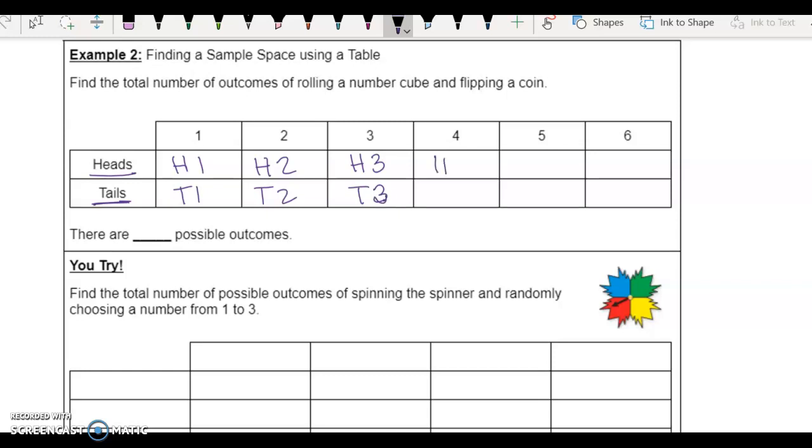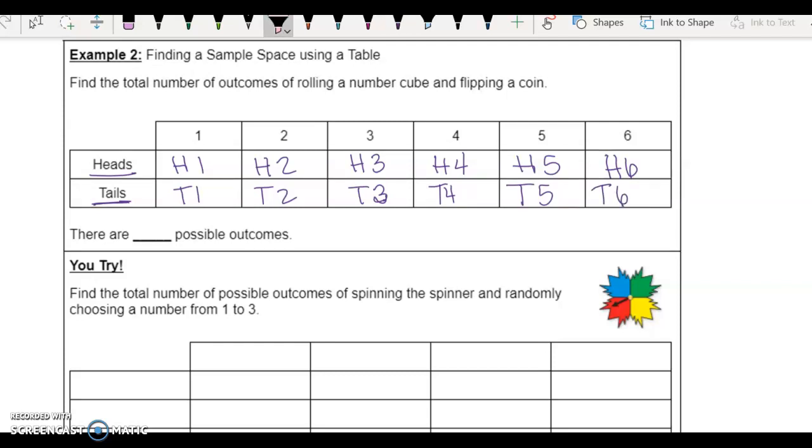I can flip heads and roll a 4, or I can flip tails and roll a 4. I can flip heads and get a number 5, or tails and a number 5, or I can flip heads and roll a 6, or I can flip tails and roll a 6.